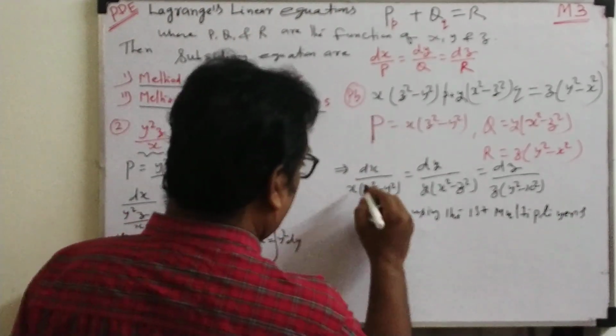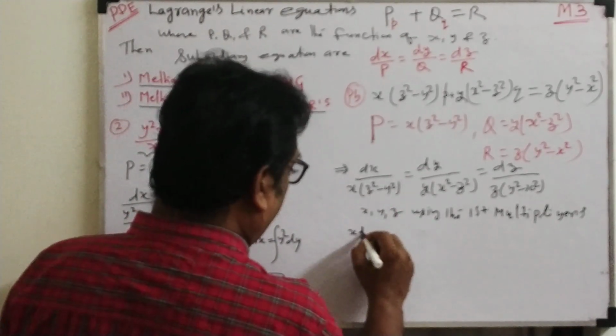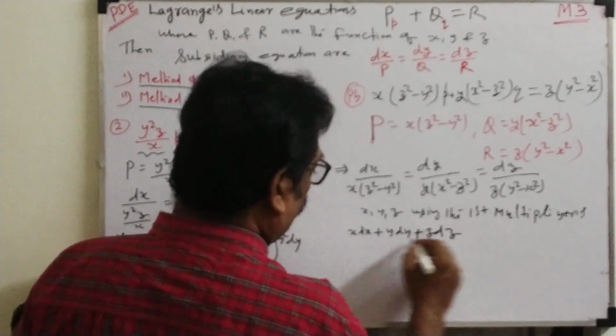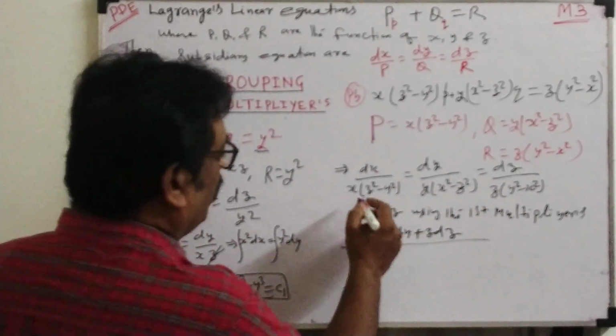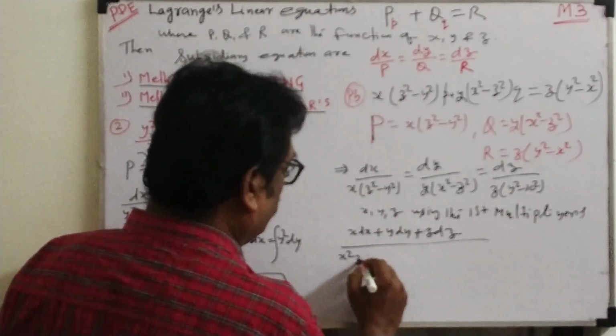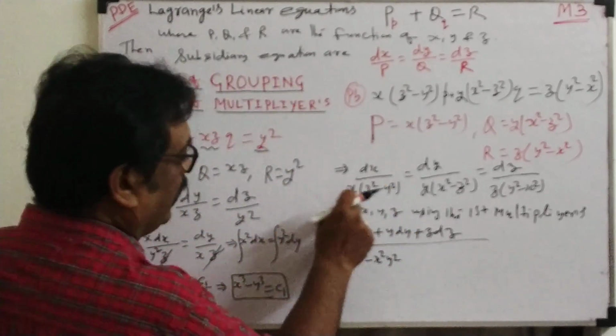what will happen? So just to see this here: x dx plus y dy plus z dz. We'll see what is happening. First multiply x here.